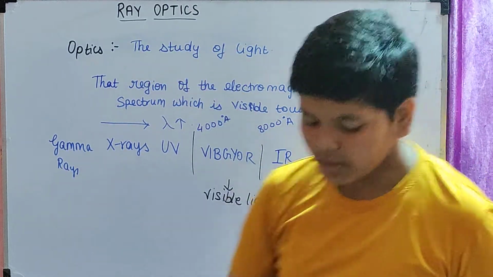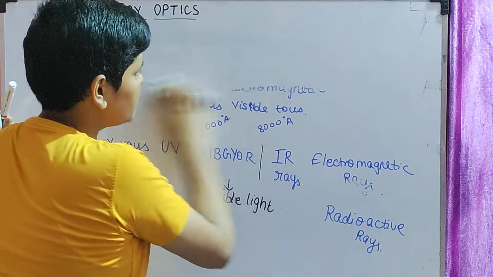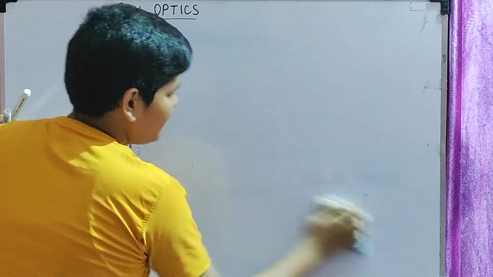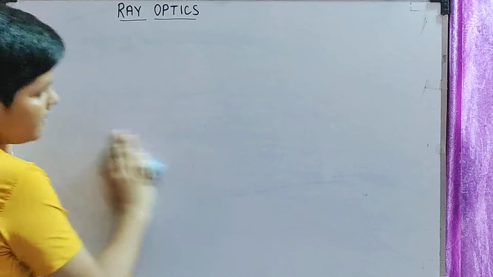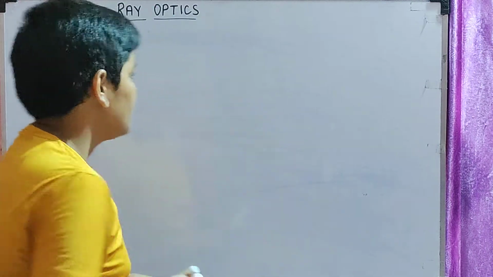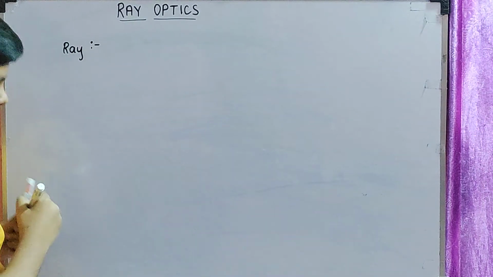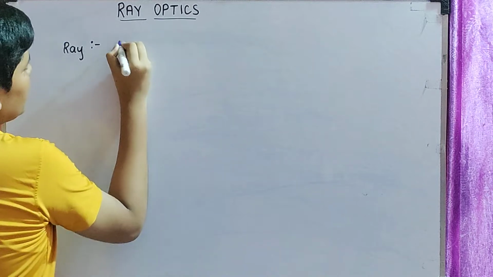Now what about the ray? What is the meaning of ray? We will not say just light. We will say a line of light, which is called a ray.